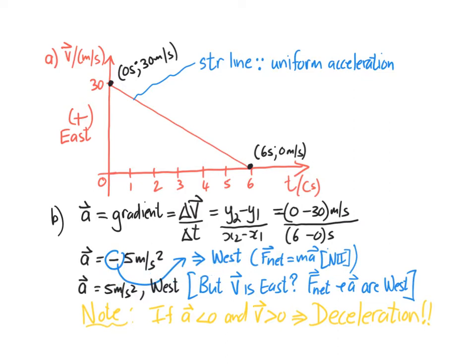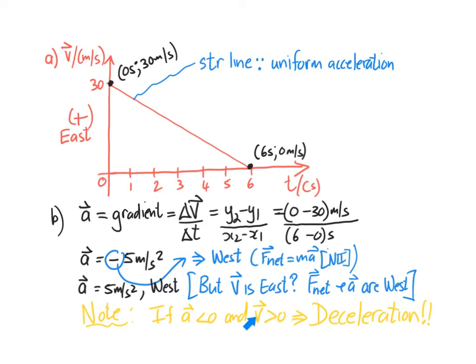But wait a minute, this car is not accelerating, this car is decelerating. Precisely. If your acceleration is negative, but your velocity is positive, this implies that the net force, which acts in the same direction as the acceleration according to Newton's second law, is acting in the opposite direction to the actual motion of the vehicle.